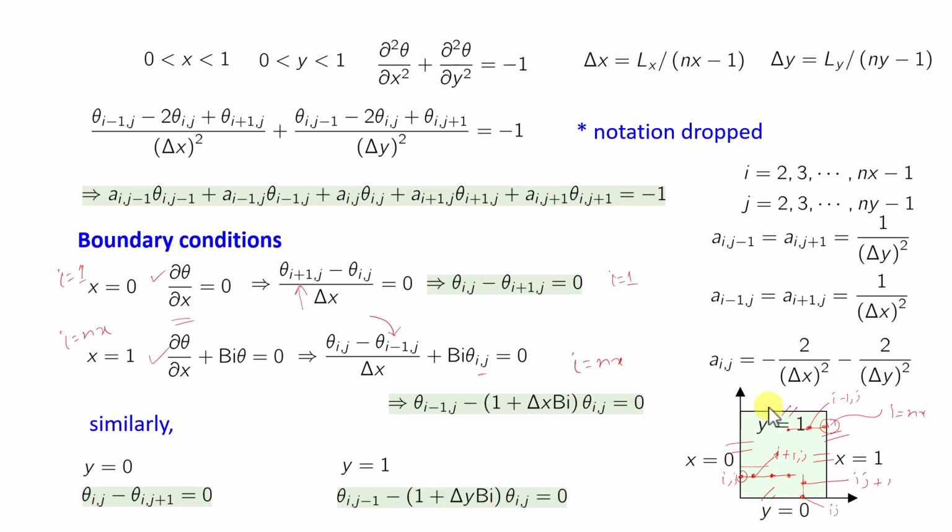And similarly y equals 1, that means this goes j equals 1 and this goes j equals ny. Here we are counting from 1 to ny in j direction, 1 to nx in x direction. If you count from 0, then you have to put 0 here and 0 here. During programming in Python, we have to count from 0 because there it starts from 0 by default.